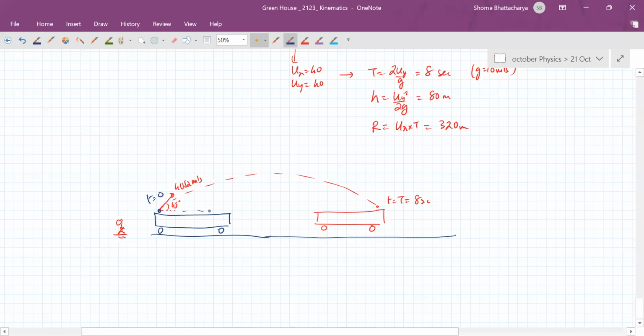And in the process, the ball achieves a maximum height of 80 meters. And this total range with respect to ground frame is 320 meters.